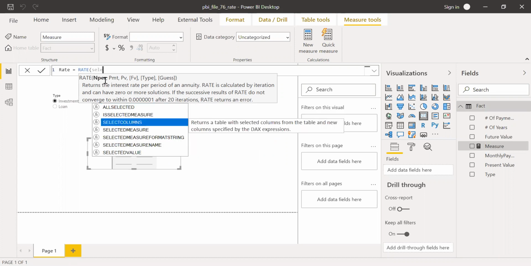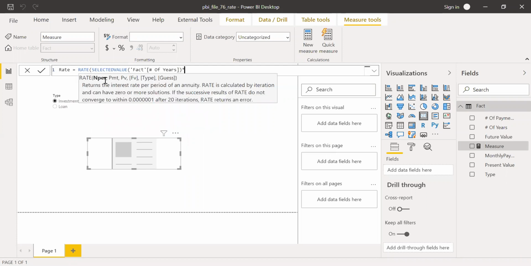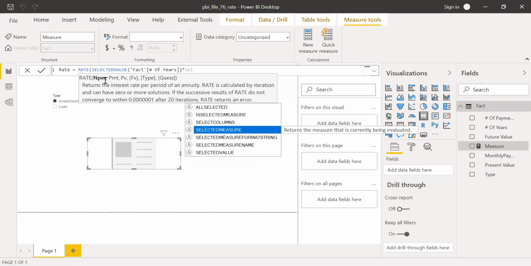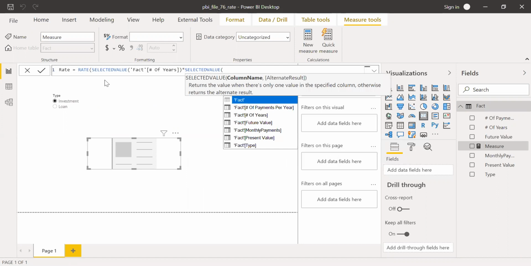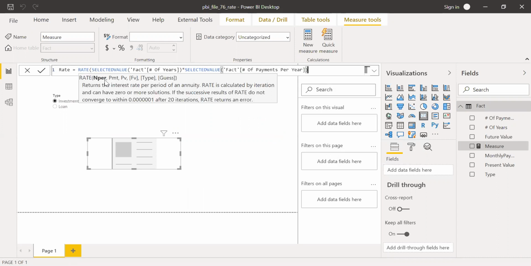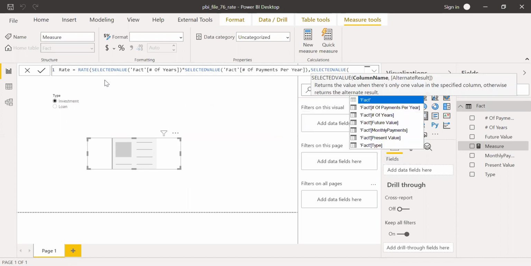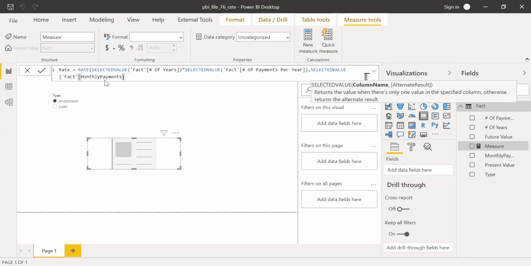So I'm going to use selected value from the fact table, number of years multiplied by selected value and number of payments per year. And then the payment, we have it here, selected value. What is the payment? Monthly payment. So this is a monthly payment.